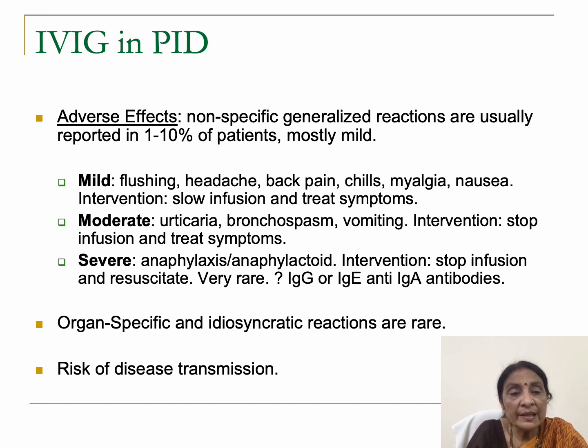Severe, like anaphylaxis, anaphylactoid, intervention is stop infusion and resuscitate. This is very rare. It may be because of IgG or IgE or anti-IgA antibodies in the infusion. Then organ specific and idiosyncratic reactions are rare, and there is a risk of transmission of disease.